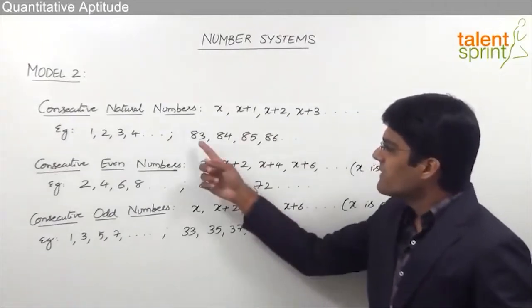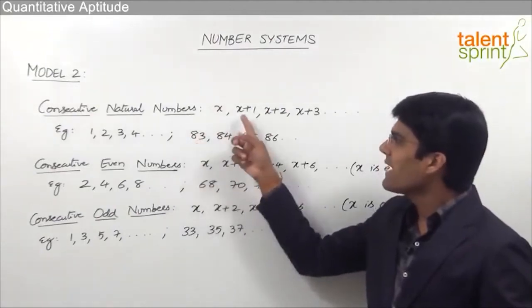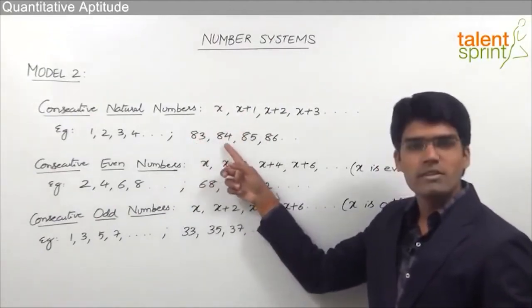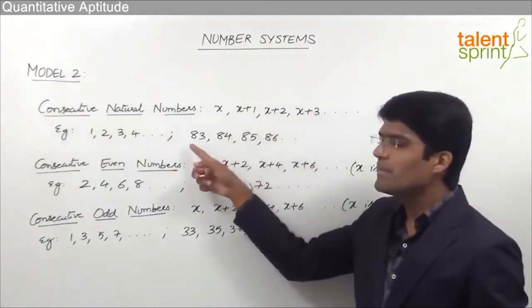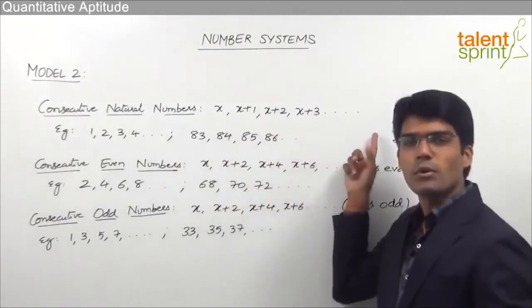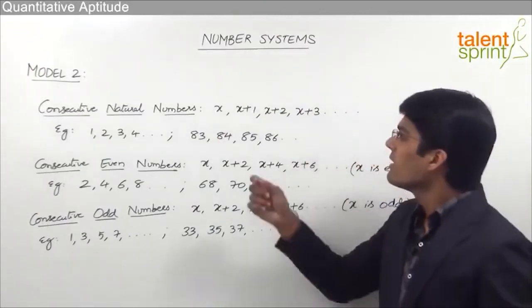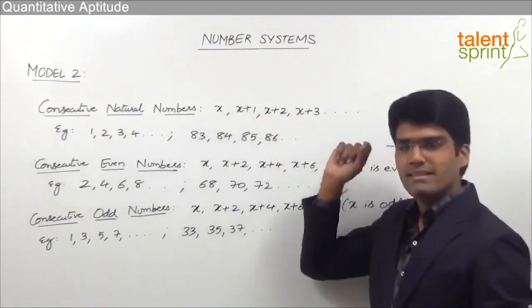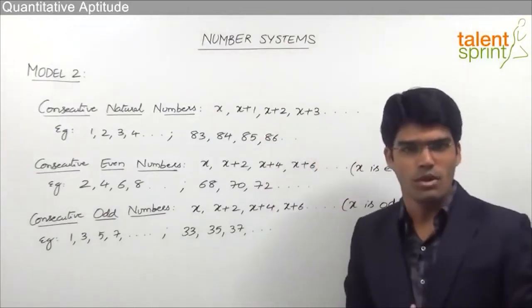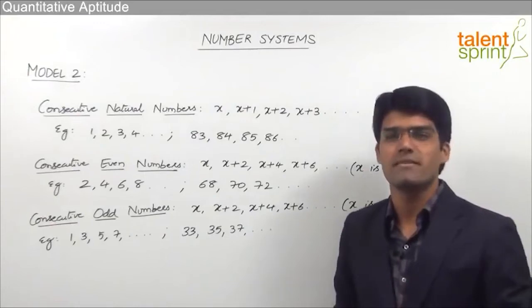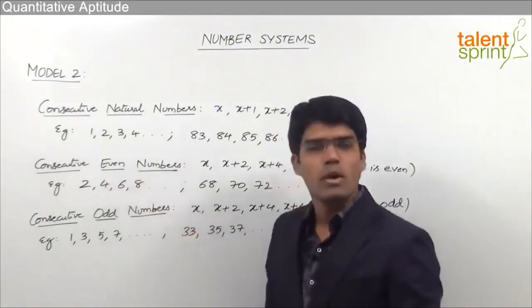And if the first number is taken as x, that means if 83 is x, then x plus 1 is 83 plus 1, 84, x plus 2 will be 83 plus 2, 85, x plus 3 will be 83 plus 3, 86 and so on. So whenever we solve questions related to consecutive numbers, we should take the first number as x, then the second number as x plus 1, third number as x plus 2 and so on, depending on the number of consecutive numbers that we have.